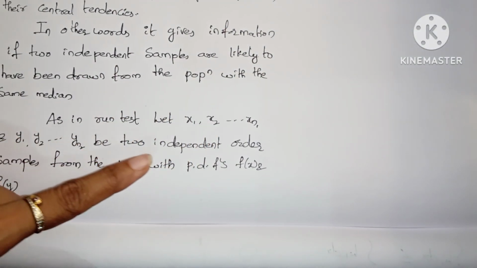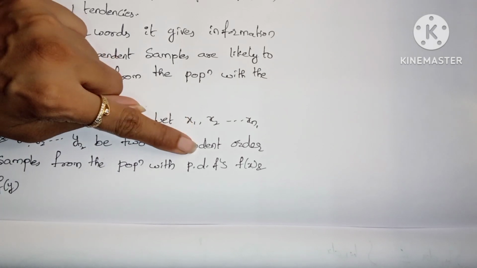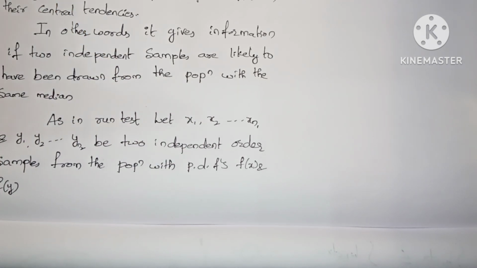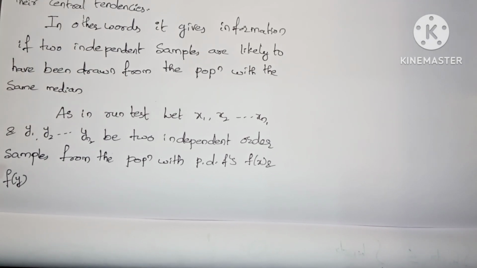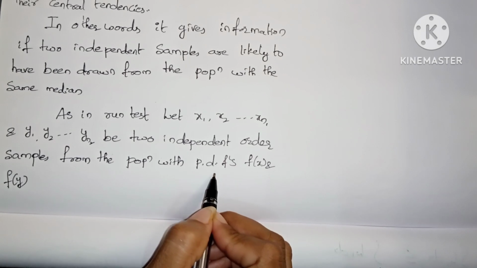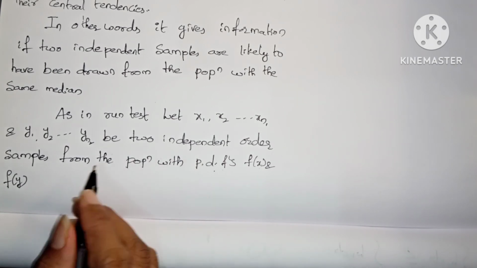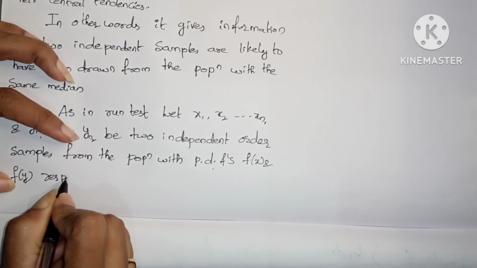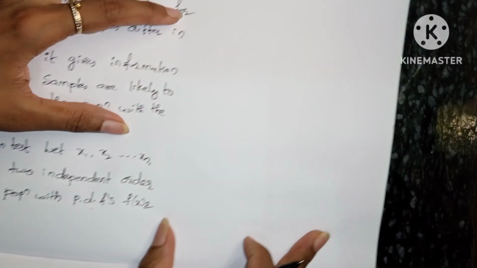Their names are x1, x2 and so on, y1, y2 and so on. And these samples have what? The same probability density functions. We all know that density functions are denoted with f of x and f of y respectively.